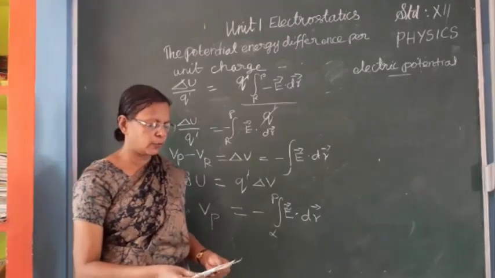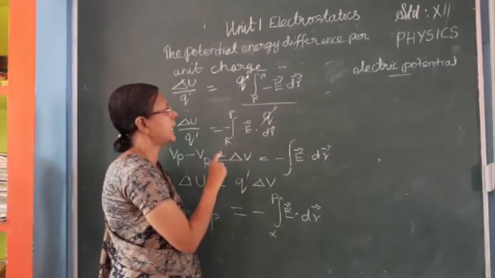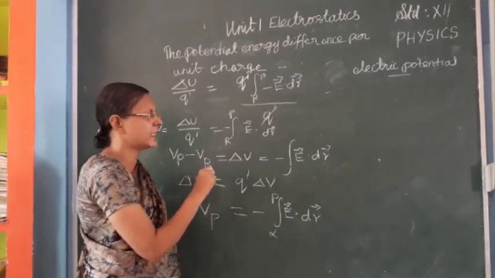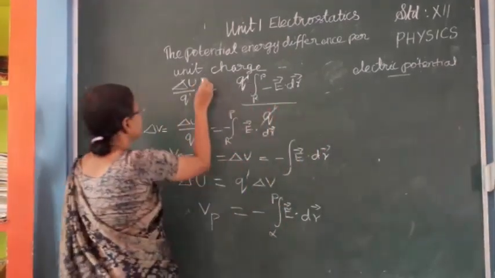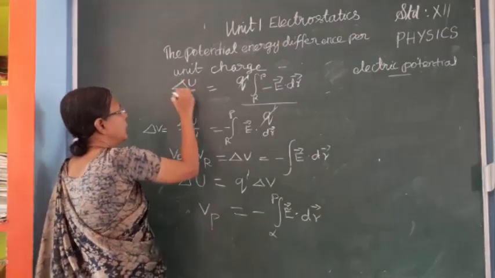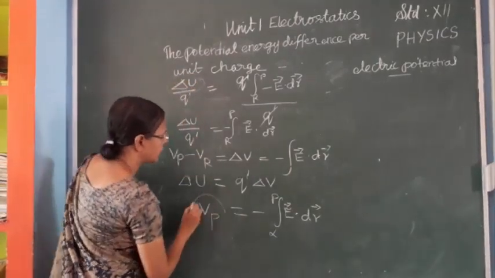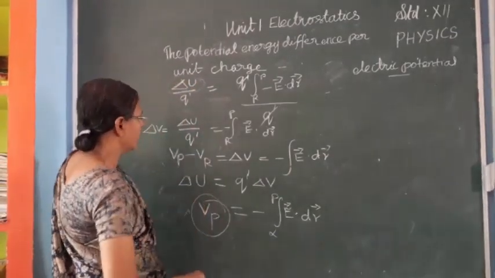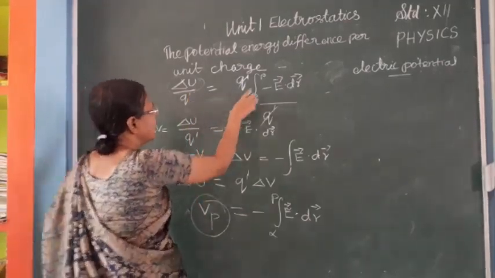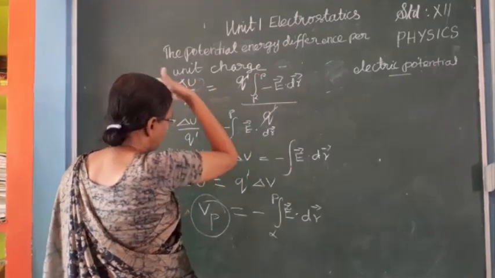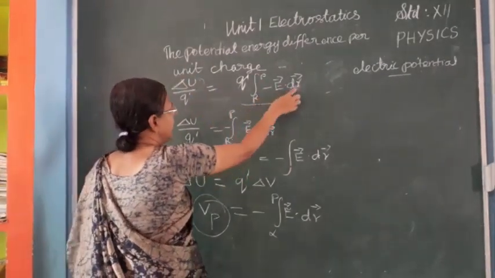Here, the electrostatic potential and the electrostatic potential energy. The potential energy is W, and the electrostatic potential is Vp. Here W by Q dash, we take the integral from R to P of minus E dot dr outside.